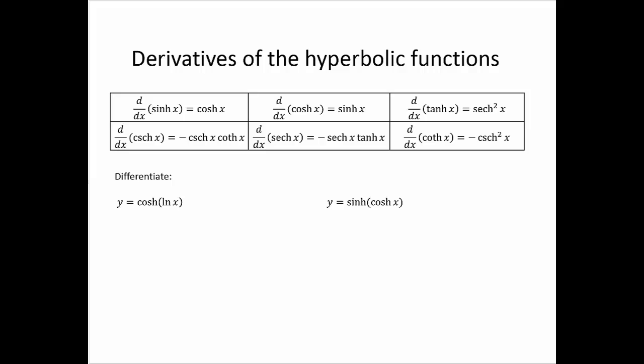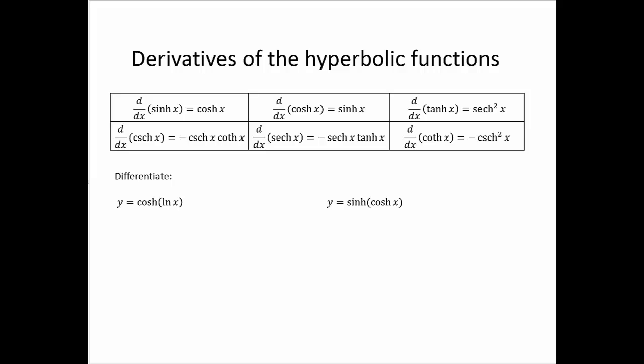We've shown the first 3 for the sine, the cosine, and the tangent, or the hyperbolic sine, cosine, and tangent, I should say. We could similarly prove the derivatives for the hyperbolic cosecant, secant, and cotangent using similar ideas. These should probably be committed to memory.